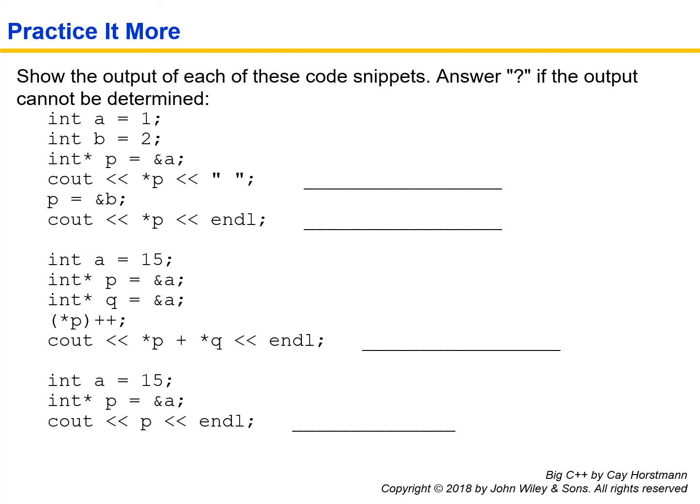Finally, the last blank you should have put a question mark, because this would be printing the contents of P, not what P is pointing to. So the contents of P are a memory location, which would be a nonsense value as far as any of us human readers were concerned.